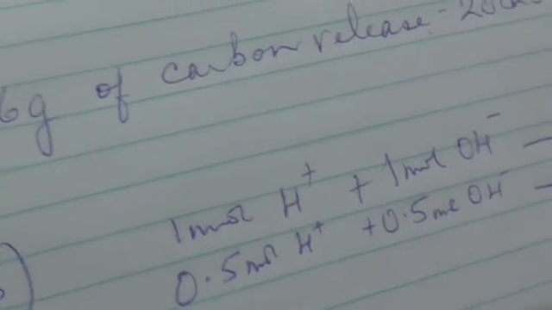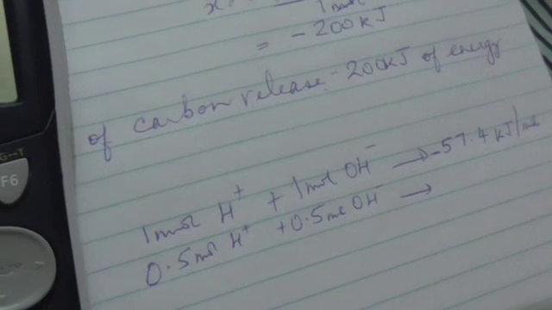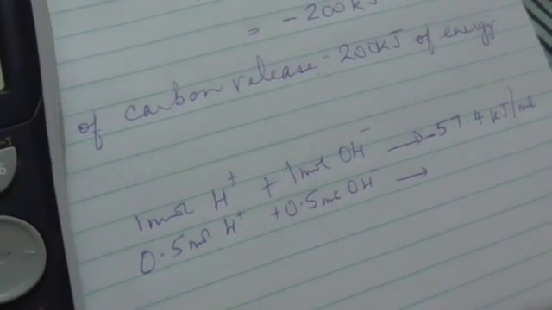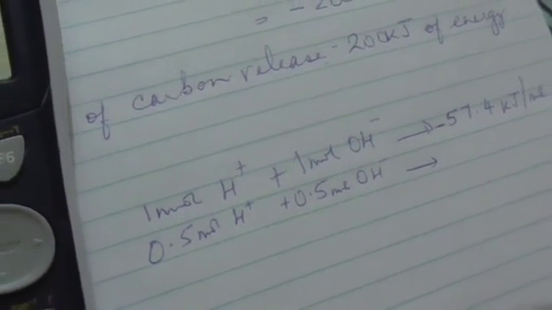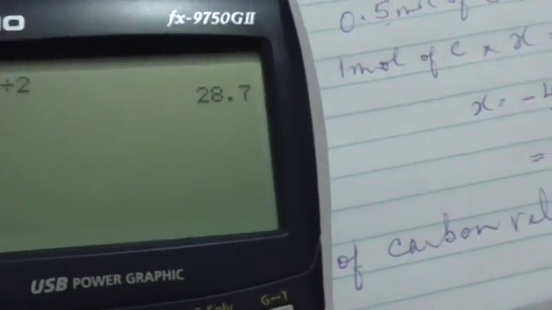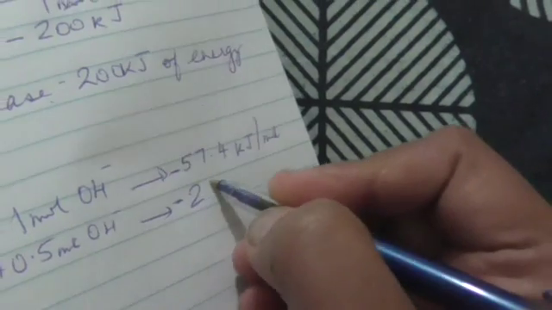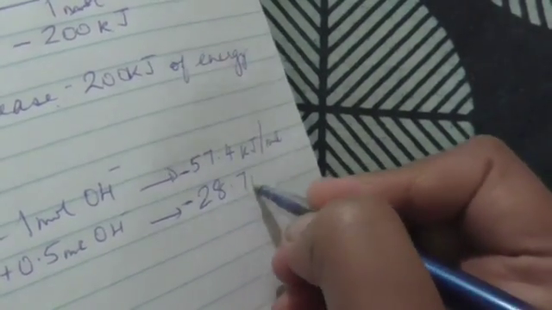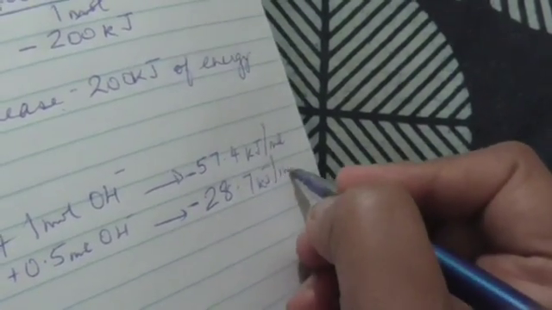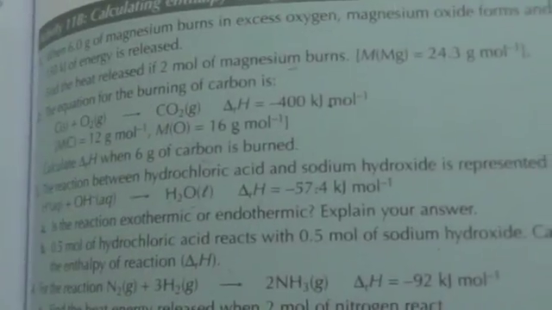So pick up your calculator. 57.4 divided by 2 will give me 28.7. So my answer here will be negative 28.7 kilojoule per mole. So I don't need to really do any steps for this. It's pretty straightforward, this particular question.